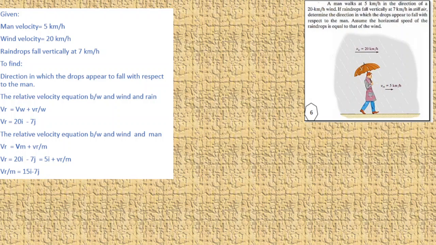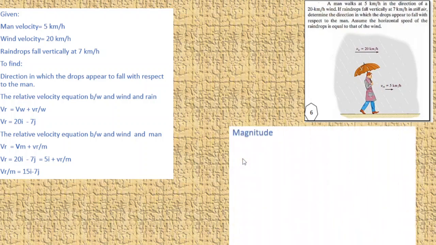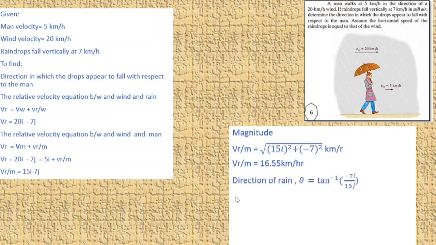After this, we can use the trig identity and simply finish our equations. So the magnitude of the velocity of the raindrop with respect to the man is given by this, and if we square this value we will get 16.55 km per hour, and the direction theta is given by tan inverse of minus 7 over 15.